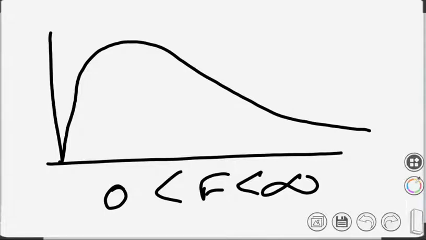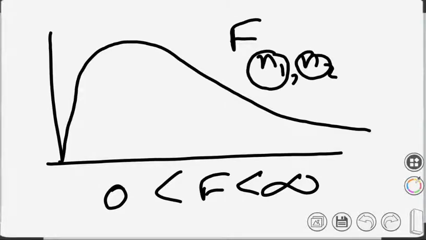But F has different degrees of freedom, n1 comma n2. So n1 is for the row, n2 is for the column. Actually, I should not say row and column. You can see the table.